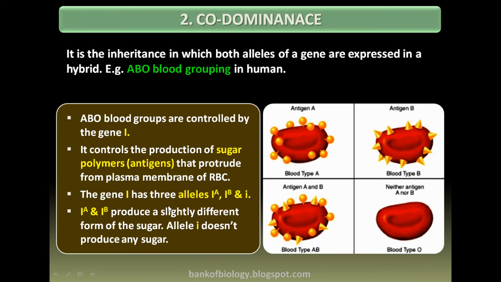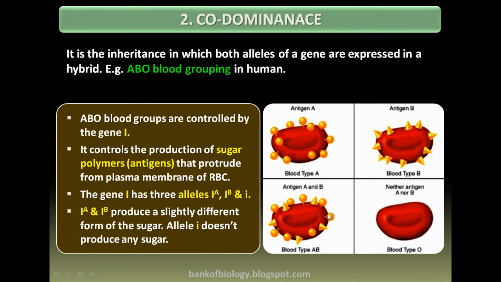The gene I has three alleles, IA, IB, and small i. IA and IB produce slightly different types of sugar, depicted here by round and conical shapes, whereas small i does not produce any sugar.